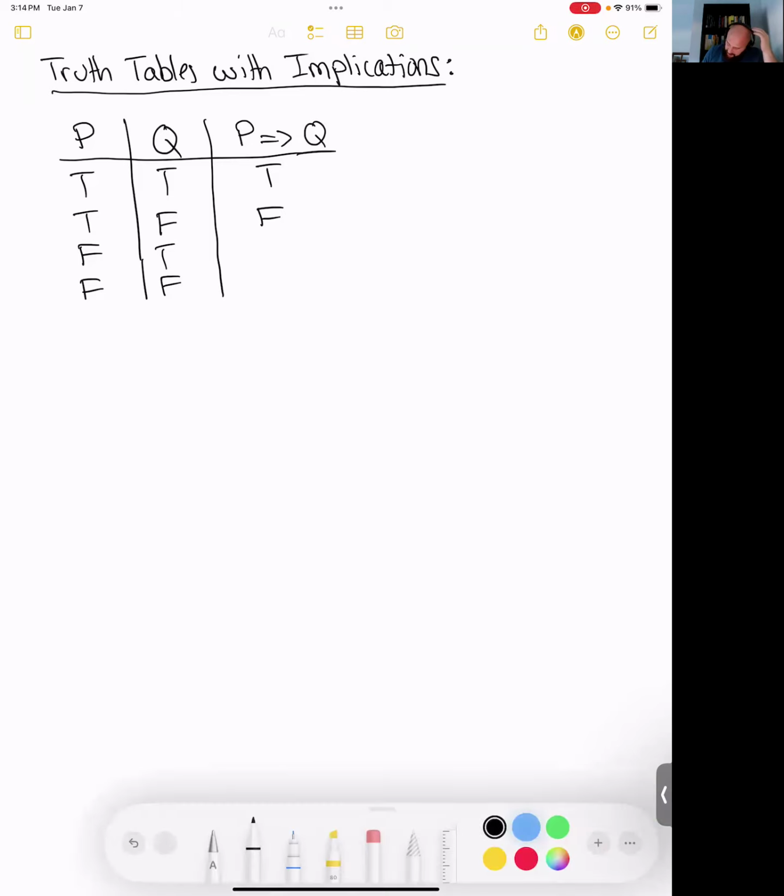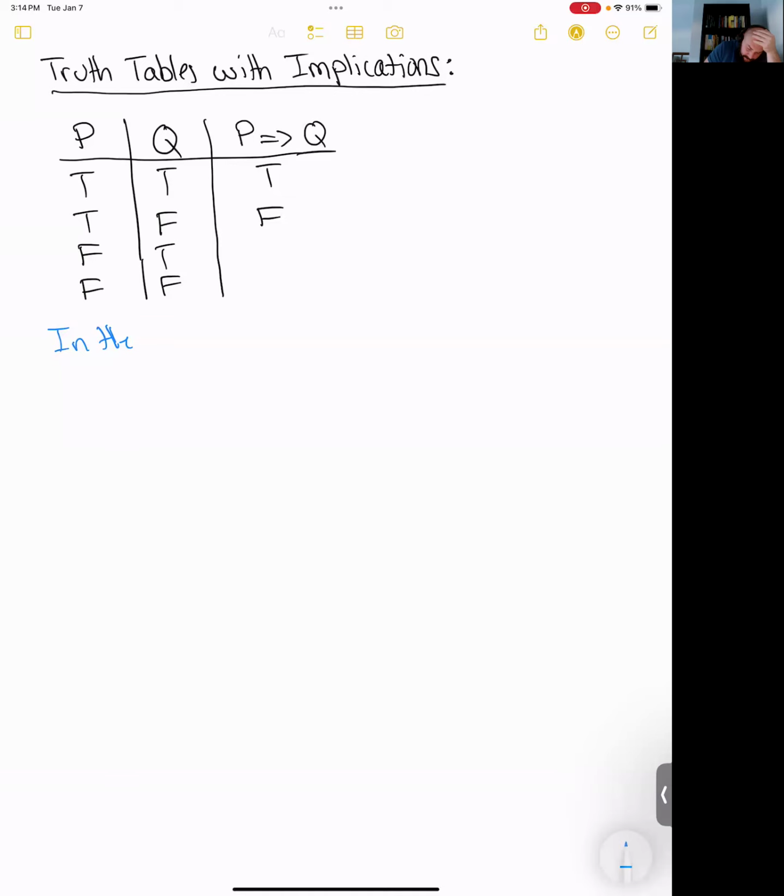Okay, now before I fill in the rest of the table, let me just mention that the book says that P implies Q is false if P implies Q is a lie.